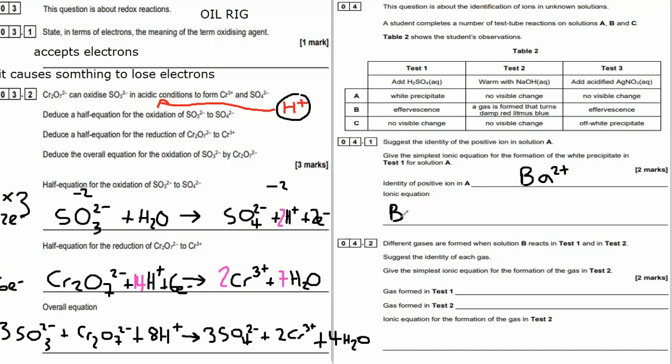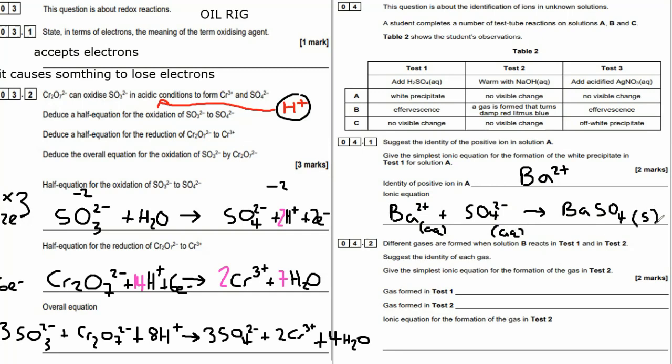So we want to do Ba2+ plus SO4 2-, and this goes to BaSO4. Now, ions would always be aq, and barium sulfate is insoluble, hence why we use it for things like X-rays and medical imaging. So it's going to be a solid symbol.